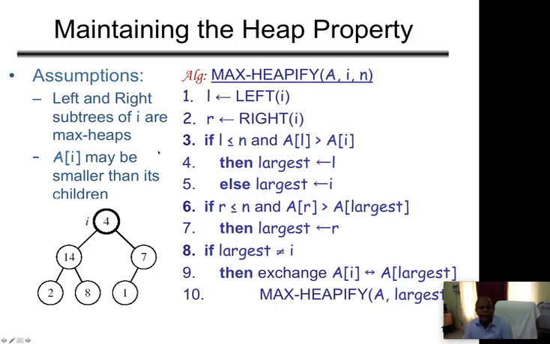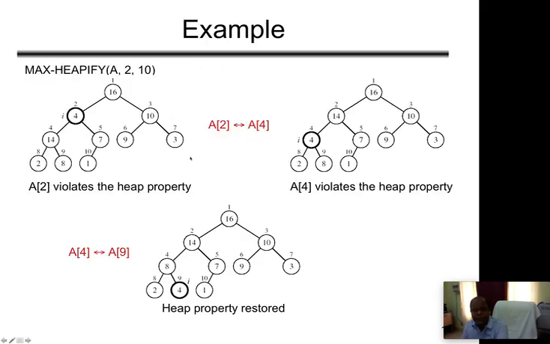What is max heapify? First of all, if this index is i, here i is 2, then this and this are 2i and 2i plus 1. 2i means 4 and 2i plus 1 means 5.